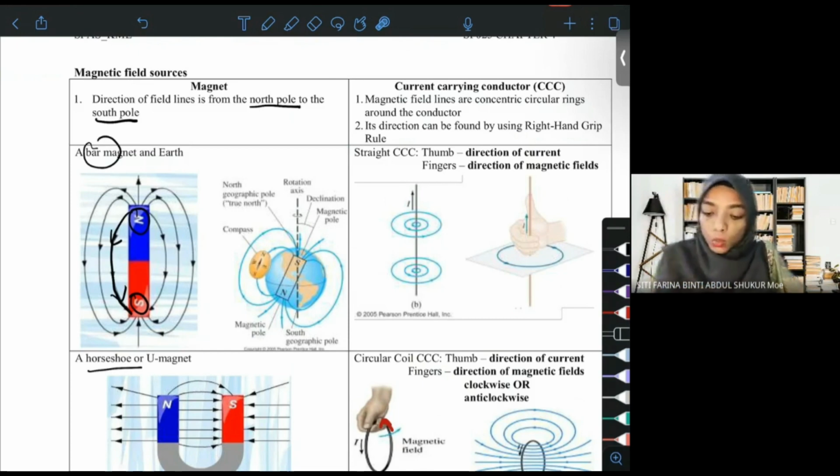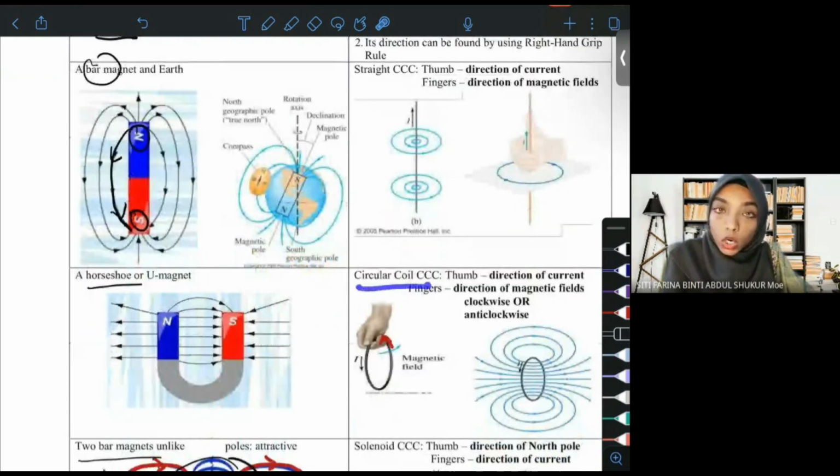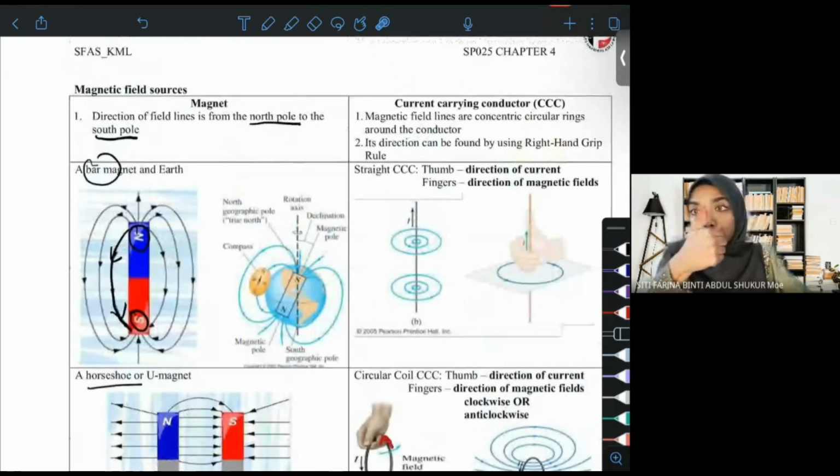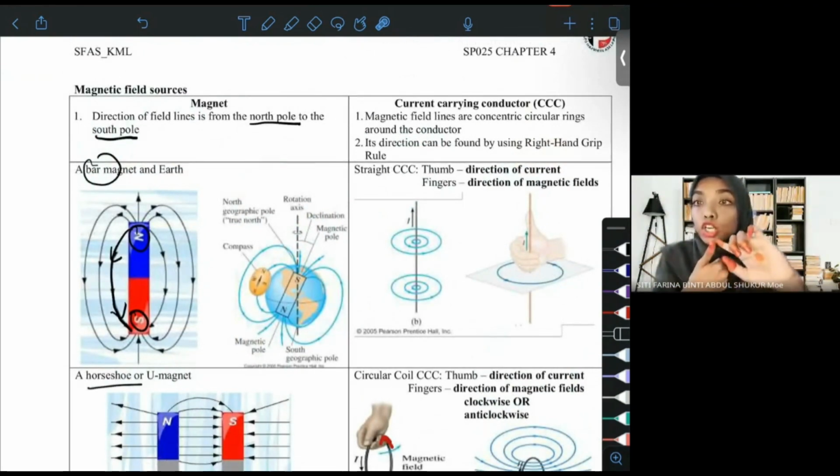Okay. Untuk straight conductor dan juga circular coil, your thumb kamu ini sentiasa represent the direction of current. Okay, in almost every case, ini adalah direction of current. And then your fingers dekat sini akan represent your direction of magnetic field.